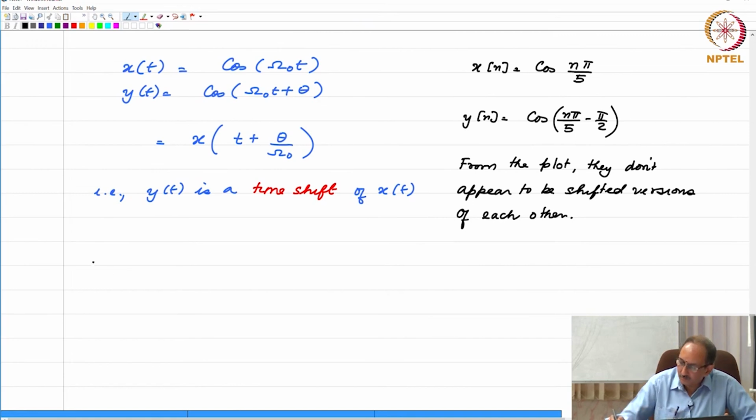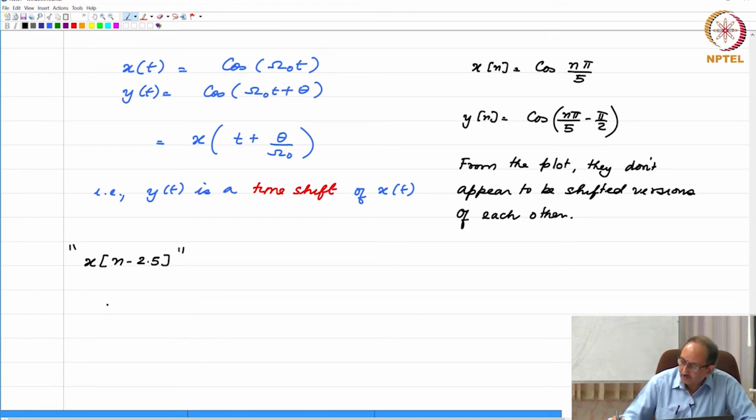Now let us take x of n and then contemplate this x of n minus 2.5, whatever that means. Right? So that's why I put that within quotes.